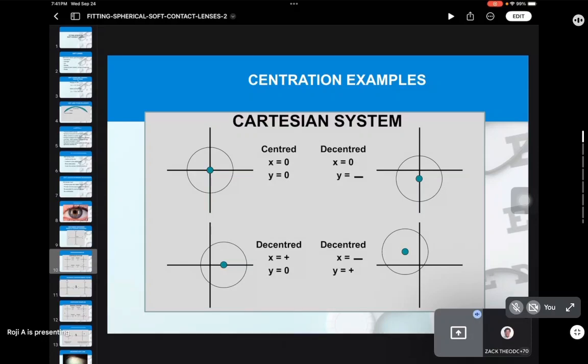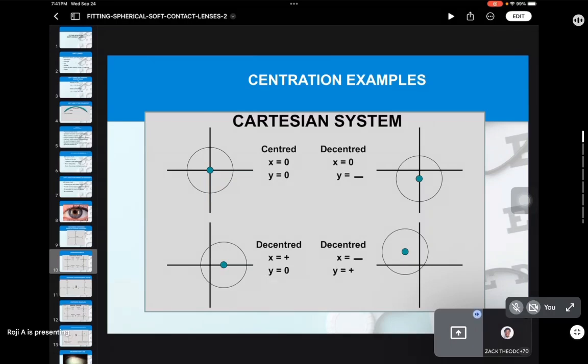Now, next, as you can see, if it's decentered nasally, but not inferiorly nor superiorly, then y is 0, x is positive. So I'm looking at positive 3.